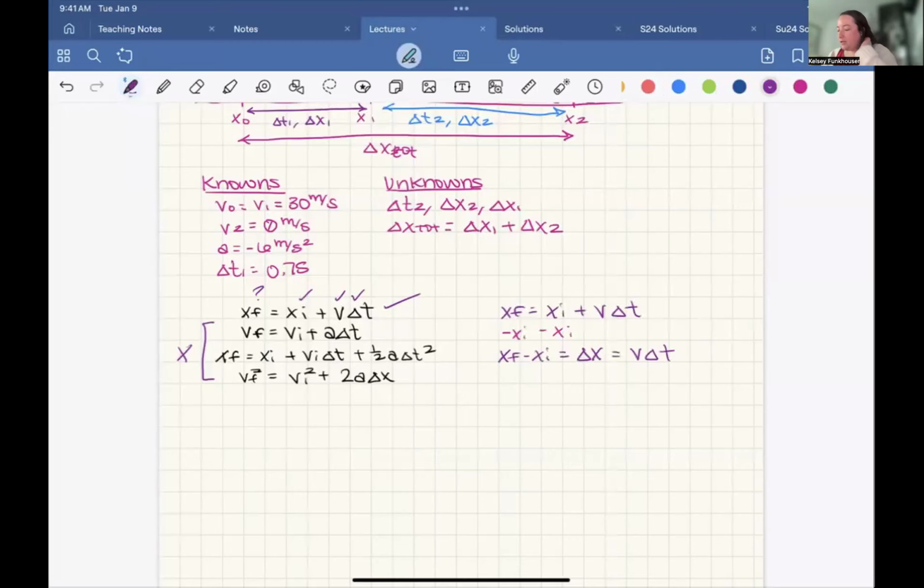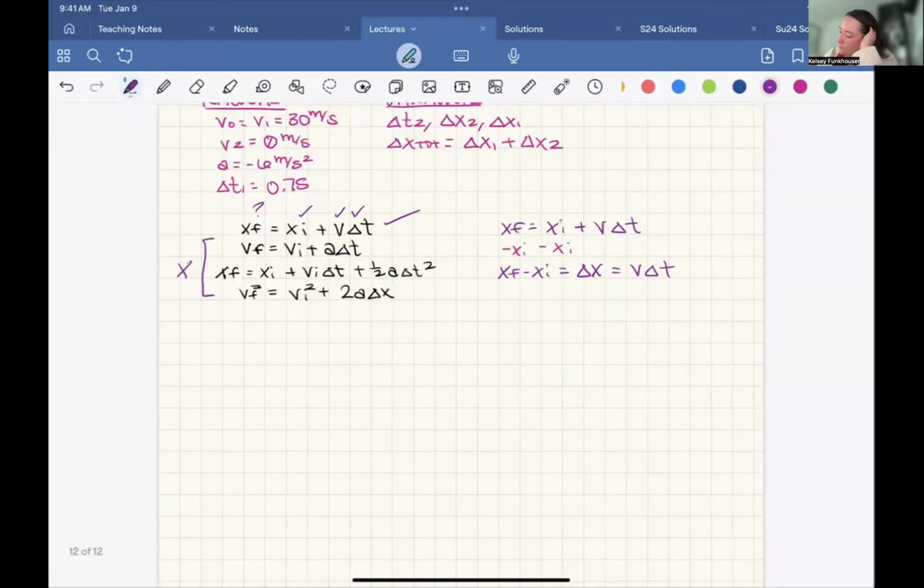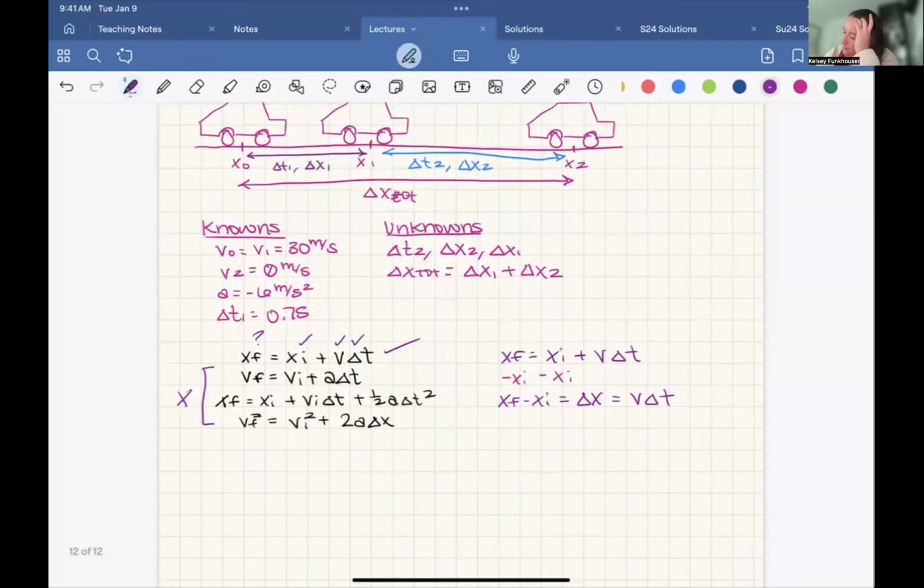Okay, so that's what we're going to use, but we should write out what variables are what, because again, we've changed our labels a little bit. So X final in this case is X1. X initial is X naught. Displacement is displacement 1.